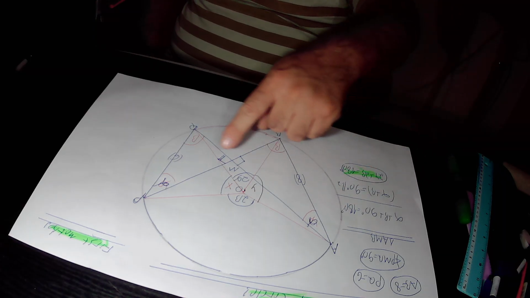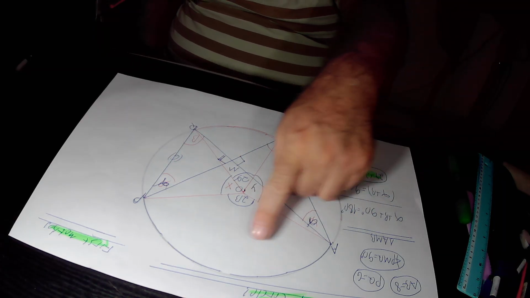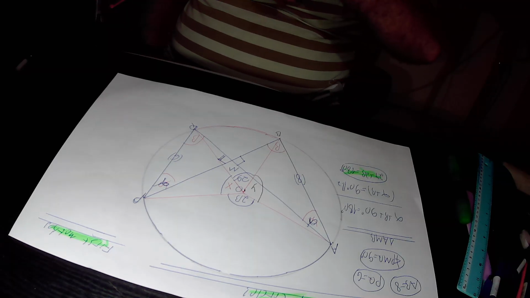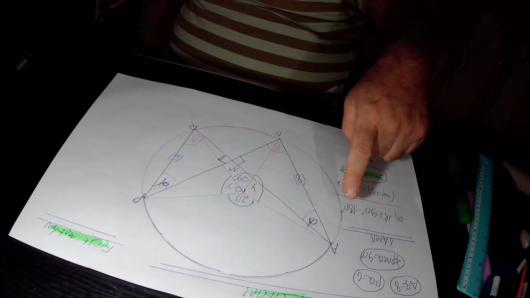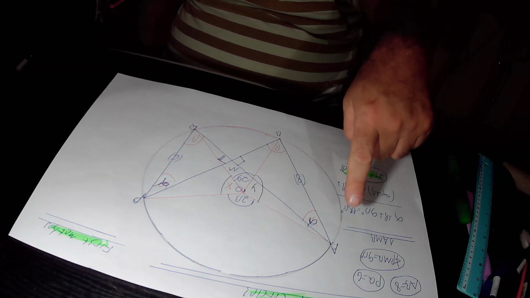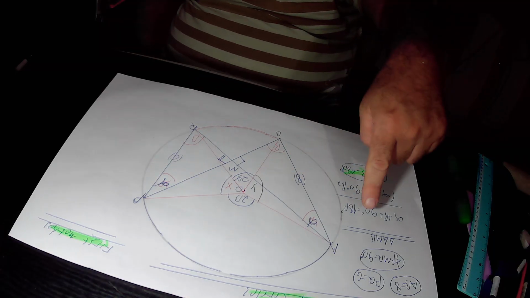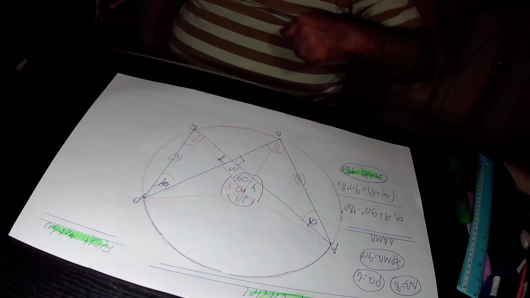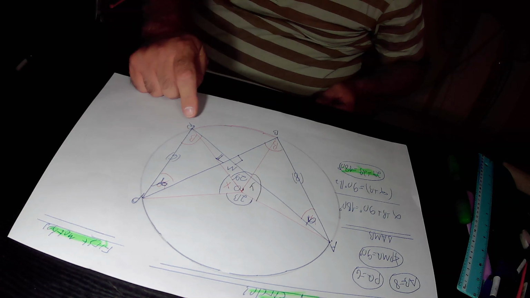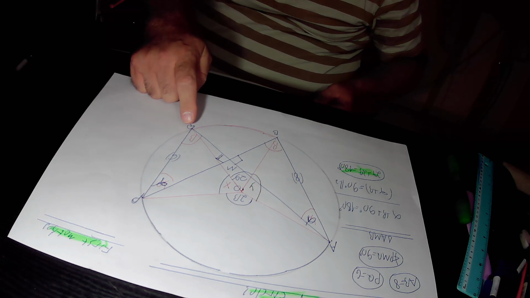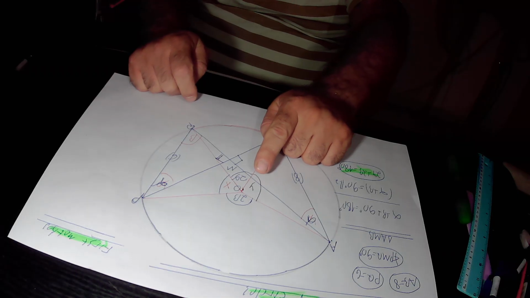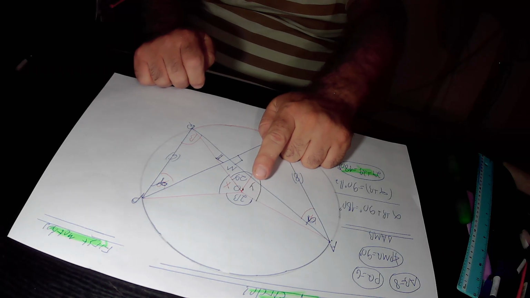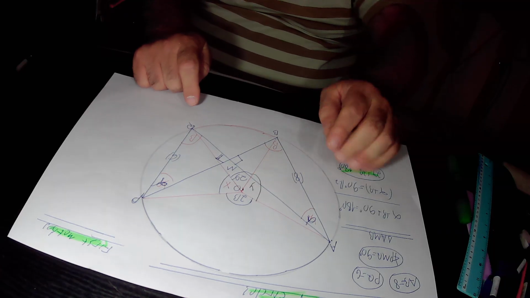In our drawing, I draw center angle AOP that subtends on arc AP. We have peripheral angle AQP that subtends on the same arc AP. The size of peripheral angle AQP is beta, therefore the size of center angle AOP that subtends on the same arc AP must be equal to 2 beta.